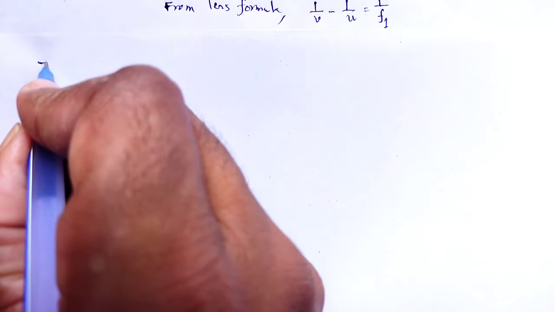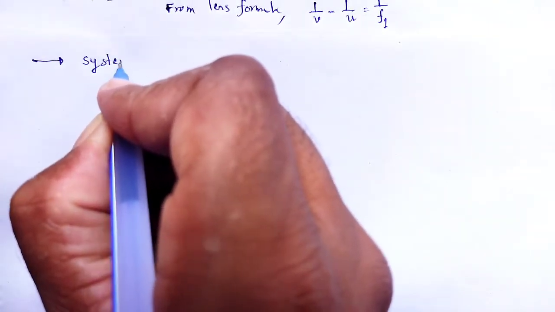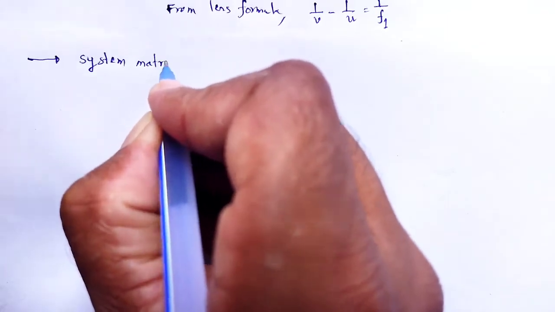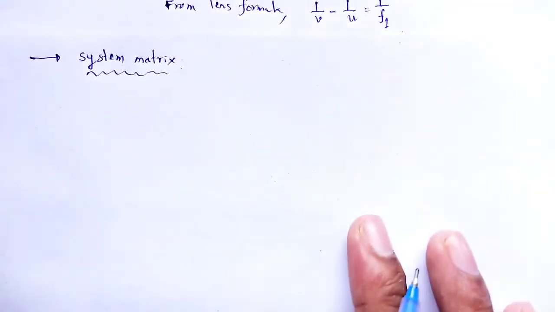So, in this case, when two thin lenses are combined, what should be the matrix representation of that system matrix?